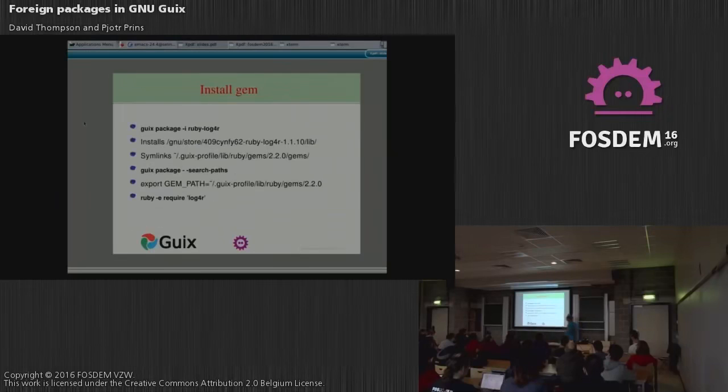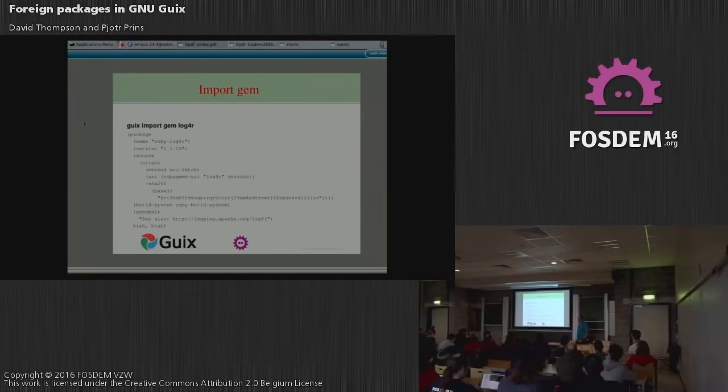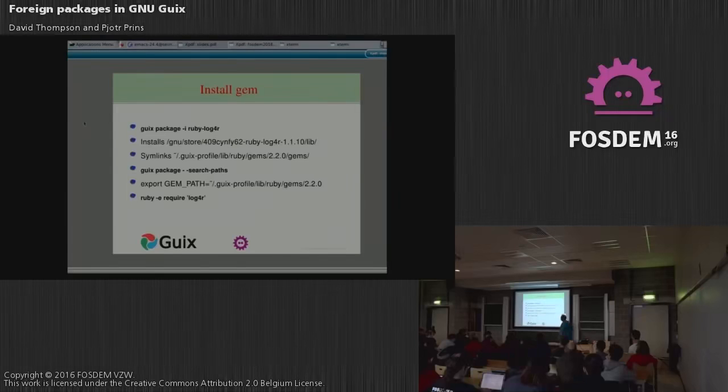So where are we now? You can say guix package -i ruby-log4r. That same package definition that you saw here, we added to the Guix tree, and now we can simply install it. It installs the package into the store, so in /gnu/store, then the hash value and ruby-log4r, and since it's a gem that only contains a lib, it adds a lib directory.